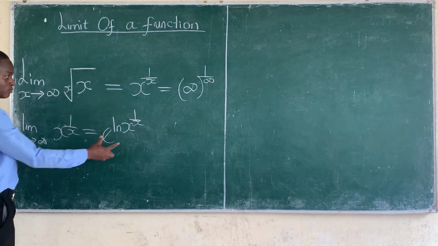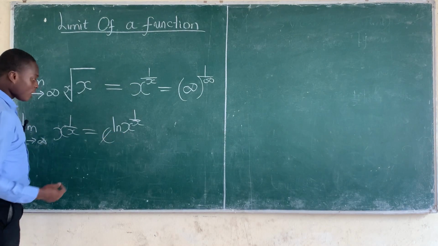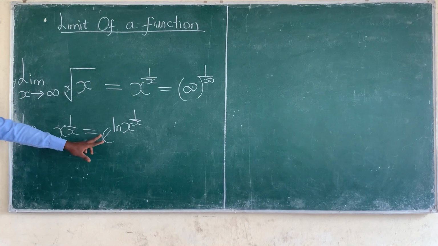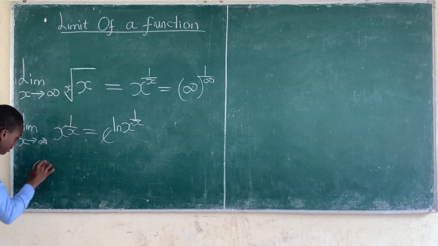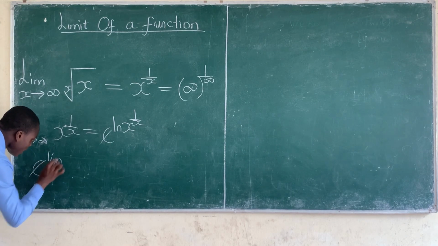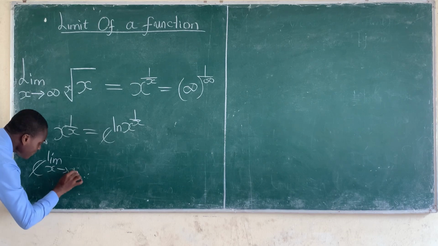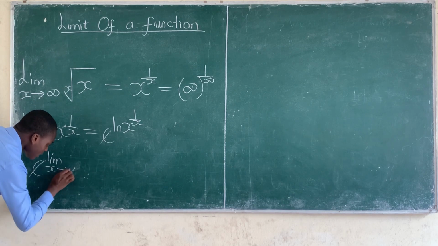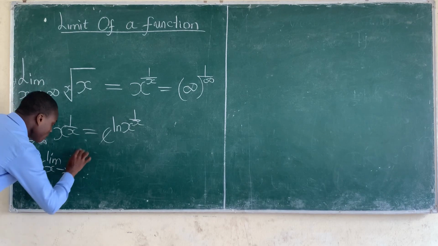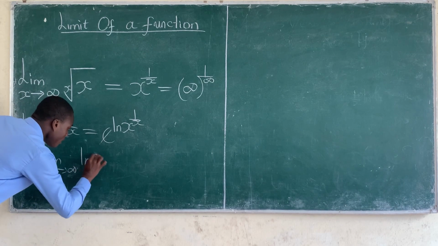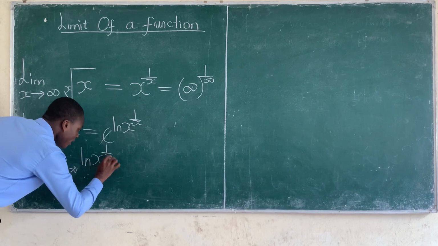So if this is true, this is not still in the form of a rational function, but we know that e is a continuous function. So we can actually write this as e to the limit as x approaches infinity of the ln of x to the power of 1 over x.